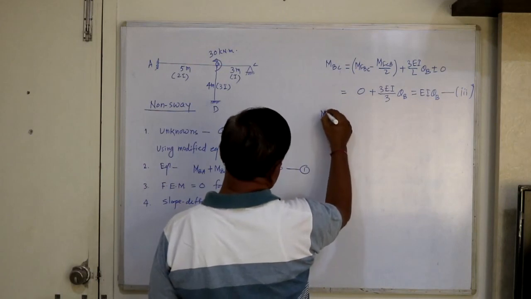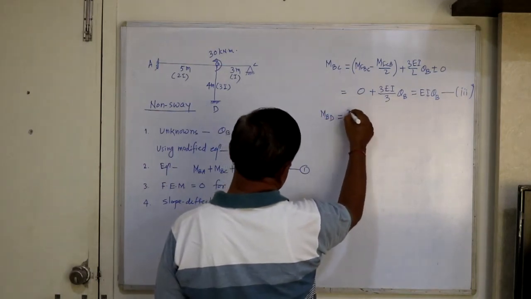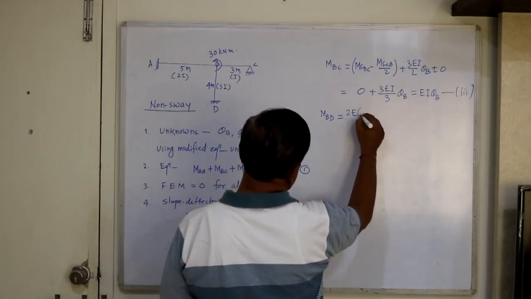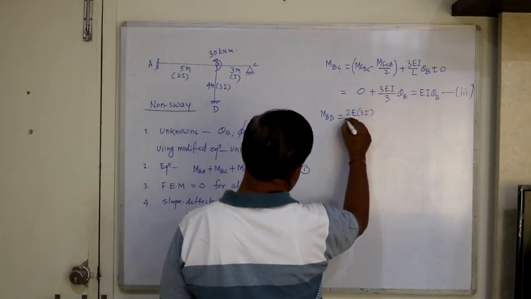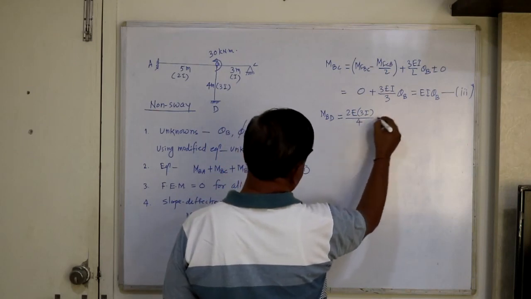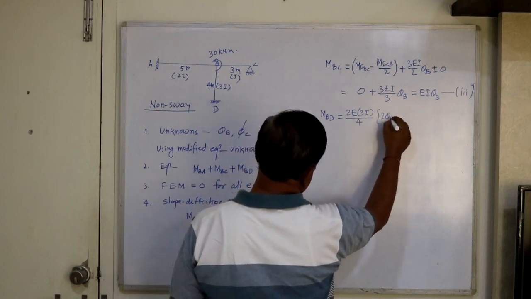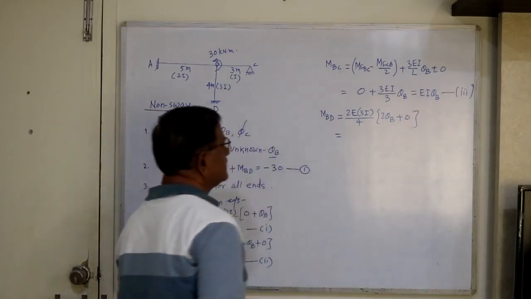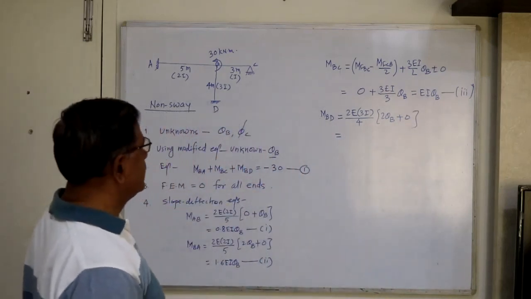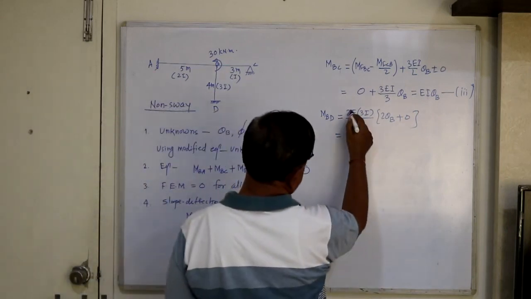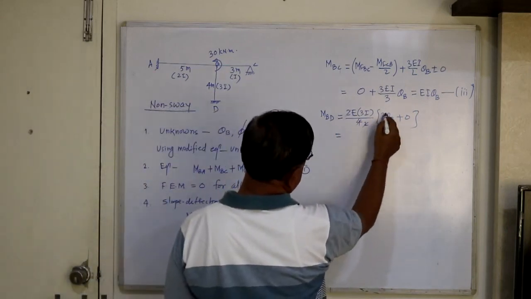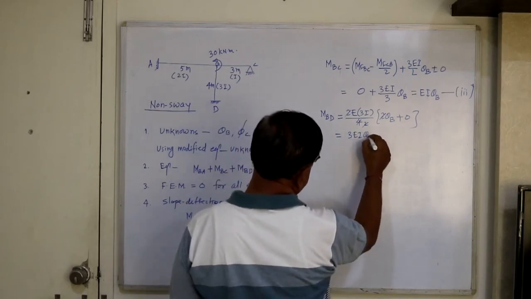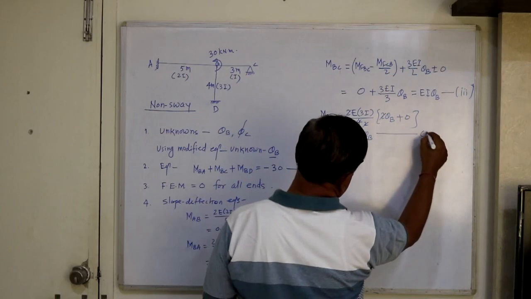Now MBD. Now use our usual equation, because D is fixed. 2EI divided by L, value of I is 3I, 2 theta B, and this is 0. So this is 6 by 4, or 3 by 2. Again, we can do it this way: 3 EI theta B, equation 4.